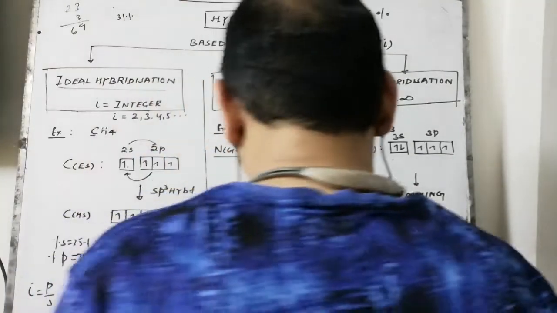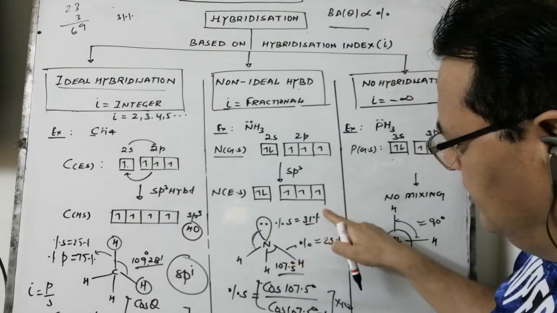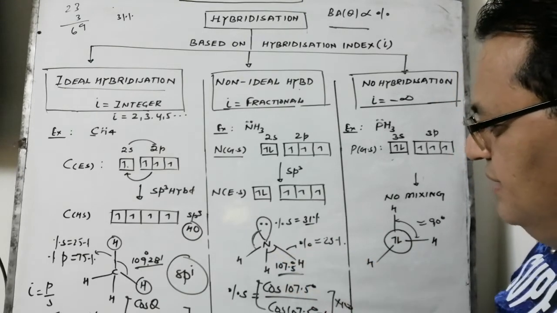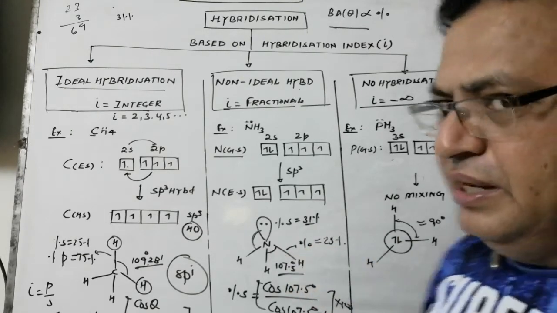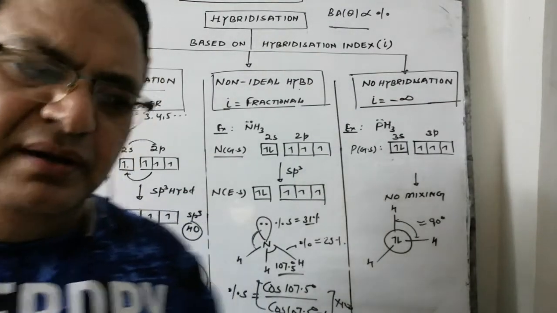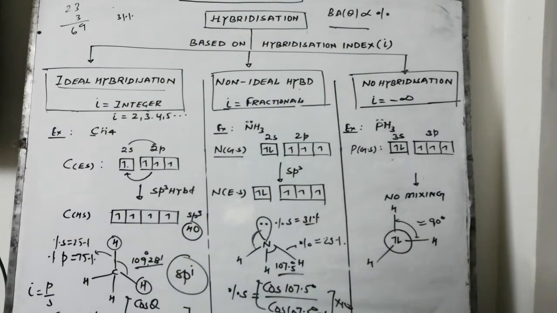Is it clear? So the percentage s character in the hybrid orbital is higher. That's why the percentage s character in the bond is less. And if it is less, then definitely the bond angle will become smaller. And if the bond angle is smaller, this is in close agreement with the observed fact here.